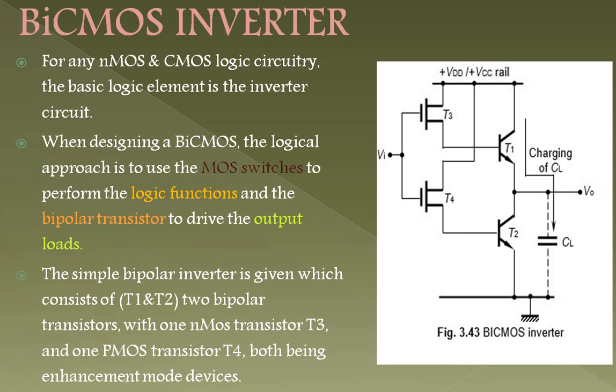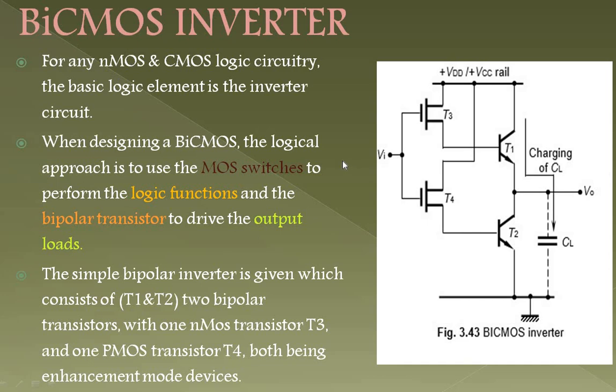So when designing a BiCMOS, the logic approach is to use MOS switches. We have to use the MOS switches to perform the logical operations. All these MOS switches will be performing the logical operation, and the bipolar transistors are used to drive the output loads. So why we go for the BiCMOS inverter is that, for the logical operations we use the PMOS and NMOS circuitry, but to drive the output voltages we use the bipolar transistor.